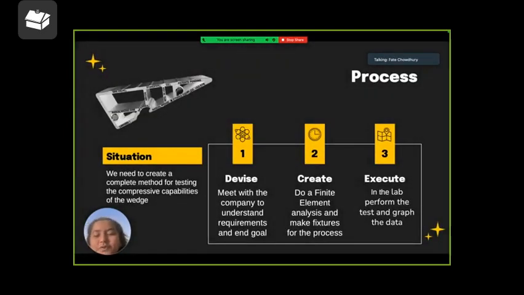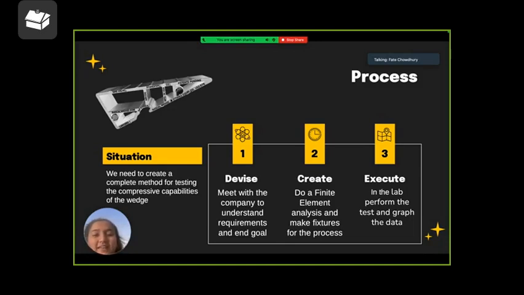For the process, we first devised a plan with the advice from our professor, Carl Hoover, and our industry liaison, Greg Rios. We came up with a plan to test different sites on the Rascal Wedge to determine failure in accordance with the force applied to it.